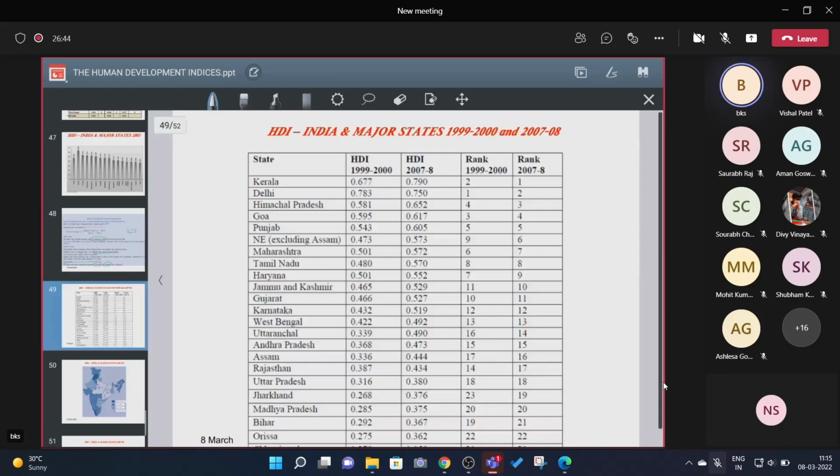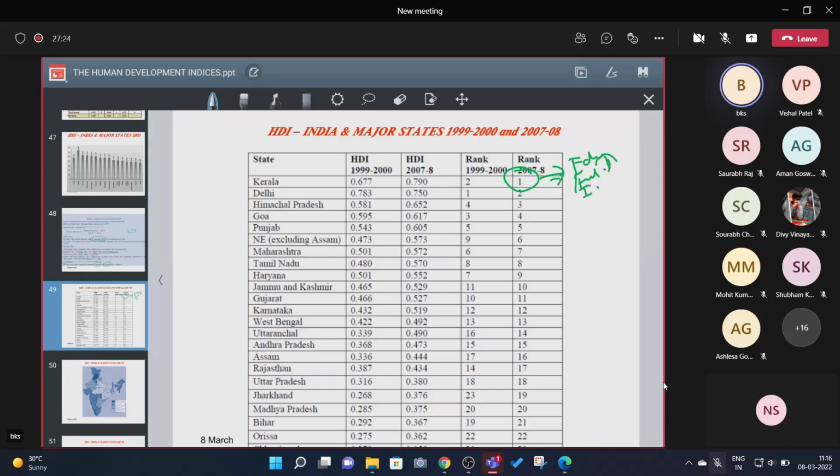And accordingly, we observe the Human Development Index for different major countries, and you see Kerala is the topmost state in India. This is probably because its achievements in education and health dimensions are quite high, whereas in terms of income, it is not that high.